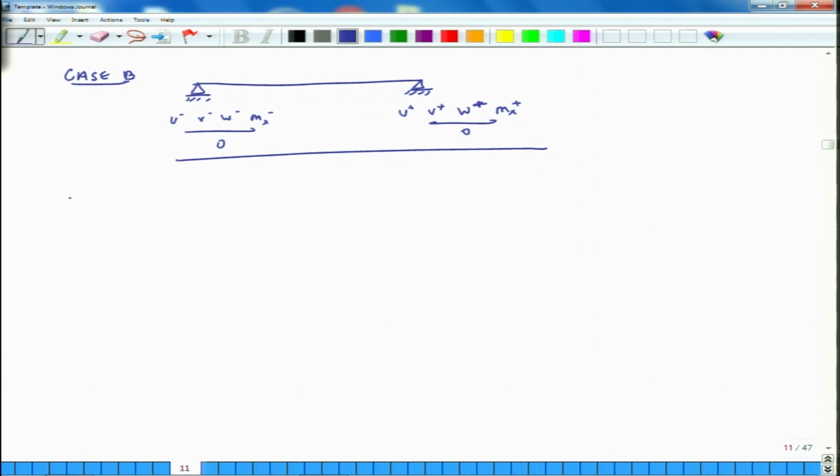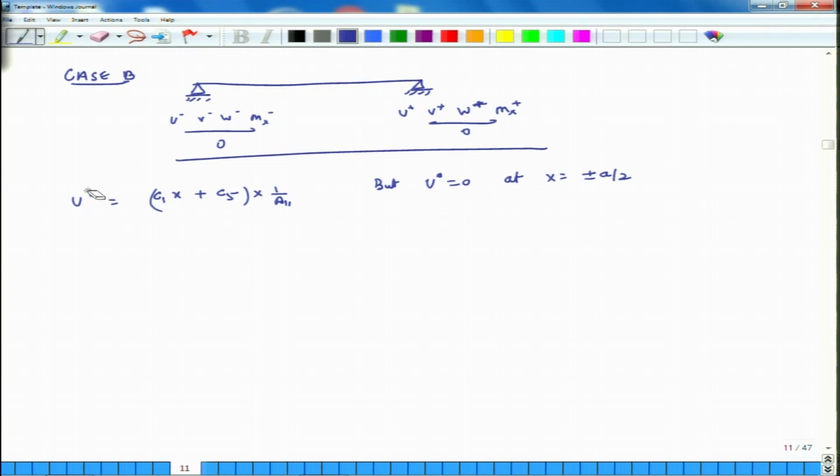We will start right away from u. So, u naught is equal to C1x plus C5, into 1 over A11, and we know that u is equal to 0 at x is equal to plus minus a by 2.